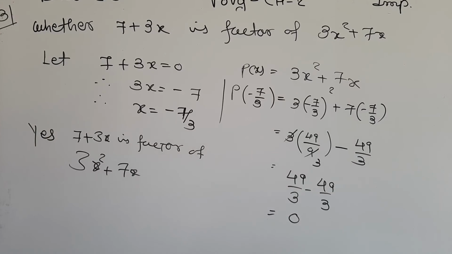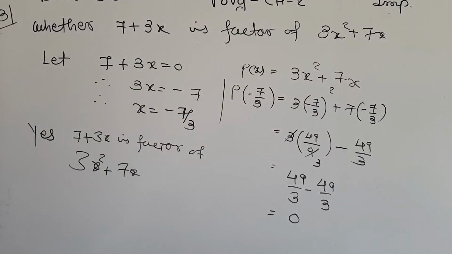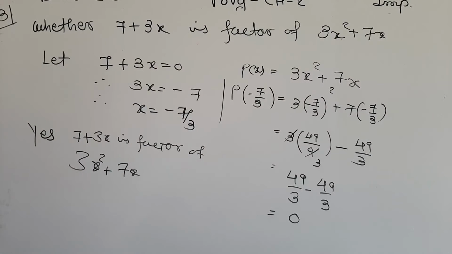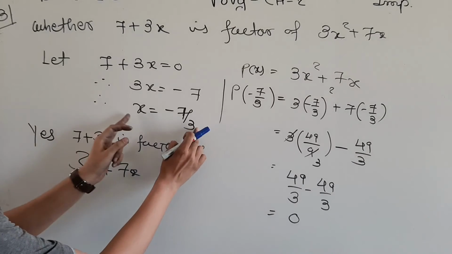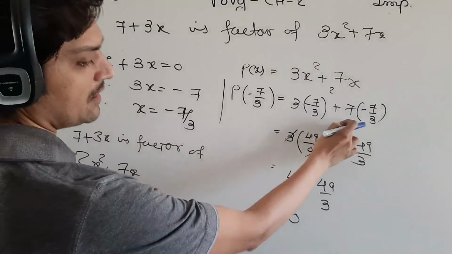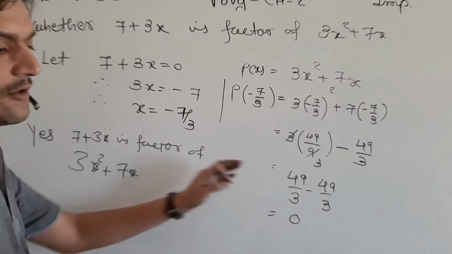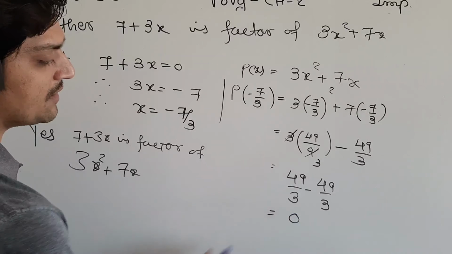When they ask us whether this is a factor or not, first of all we have to find the value of x. So equal to always 0. You have to write equal to 0 and find the value of x first, and that value of x we have to put in the given polynomial. If the final answer comes 0, it is a factor, meaning the final answer should be 0.